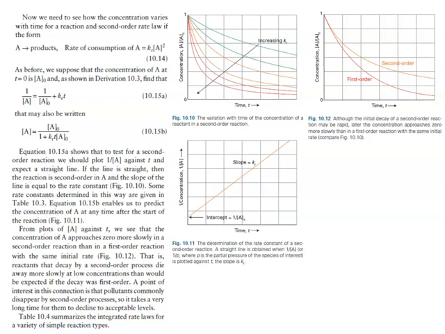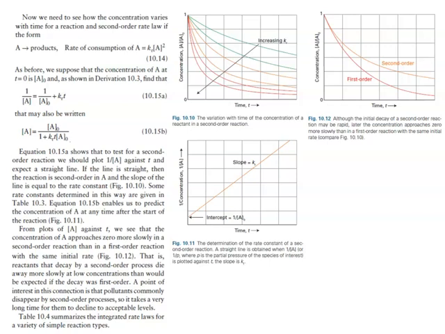Now, we need to see how the concentration varies with time for a reaction with a second-order rate law of the form A goes to products, where the rate of consumption of A equals k times the concentration of A squared.